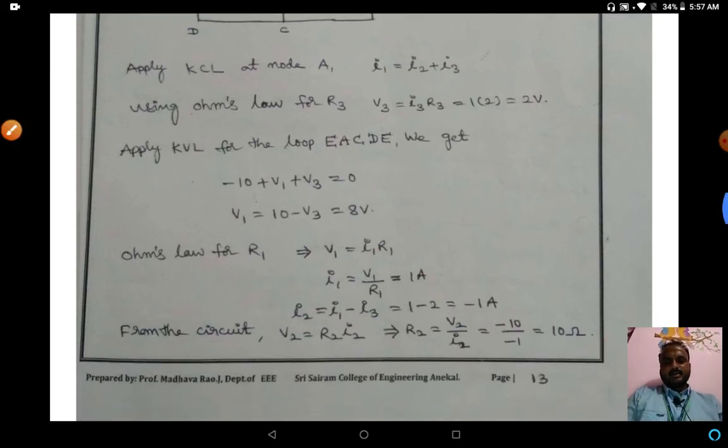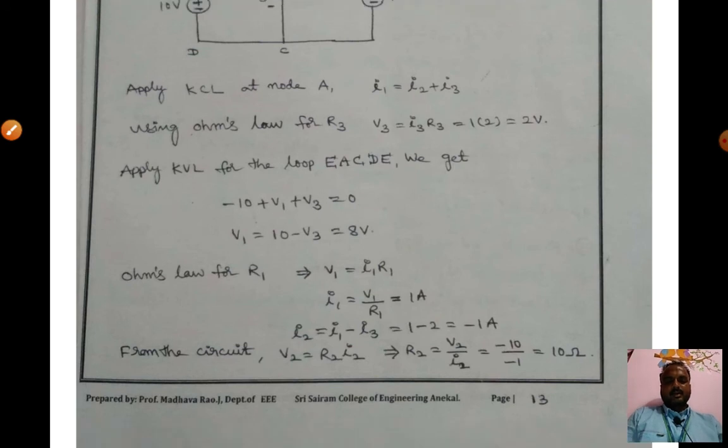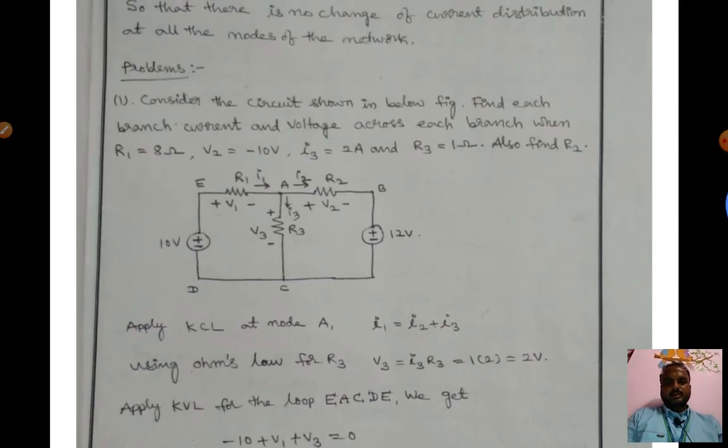From this circuit, V2 is equal to R2 into I2, so R2 is equal to V2 by I2, which is equal to 10 ohms. So what are the values we need to calculate? Find each branch current and the voltage across each branch.